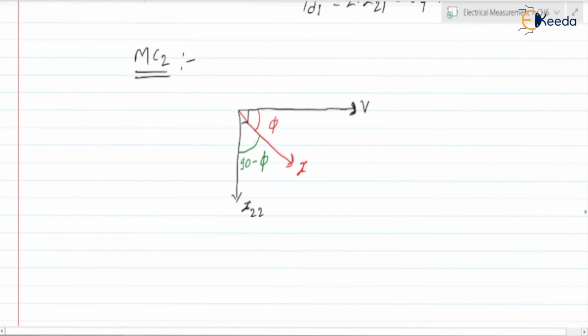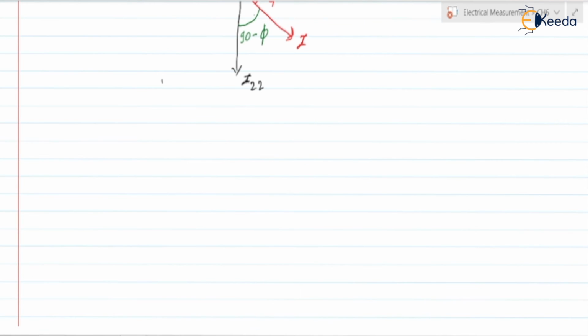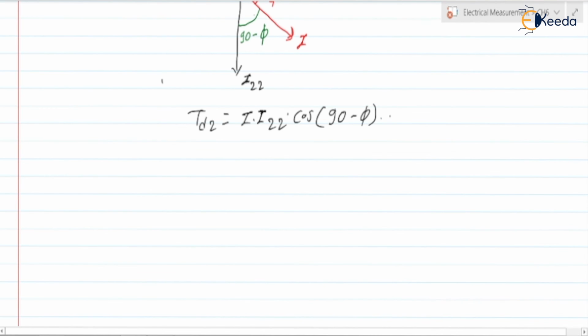Now from this, can we write TD2? Yes, we can write TD2, the deflecting torque produced due to the current flowing through moving coil 2 and the fixed coil. TD2 is equal to I into I22 into cos of 90 minus phi, into d by d theta of M max sin theta.